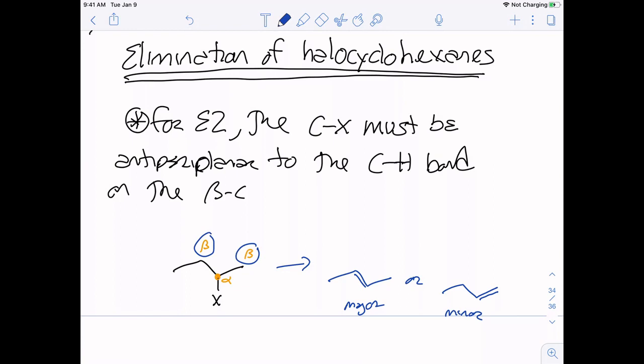This is just specific to E2 reactions in general. Basically, in our dehydrohalogenation reactions, the hydrogen is on the beta carbon. I just hadn't used that terminology in the past. So for E2, the carbon-halogen bond must be anti-periplanar to the carbon-hydrogen bond on the beta carbon. Worded differently, but old news.